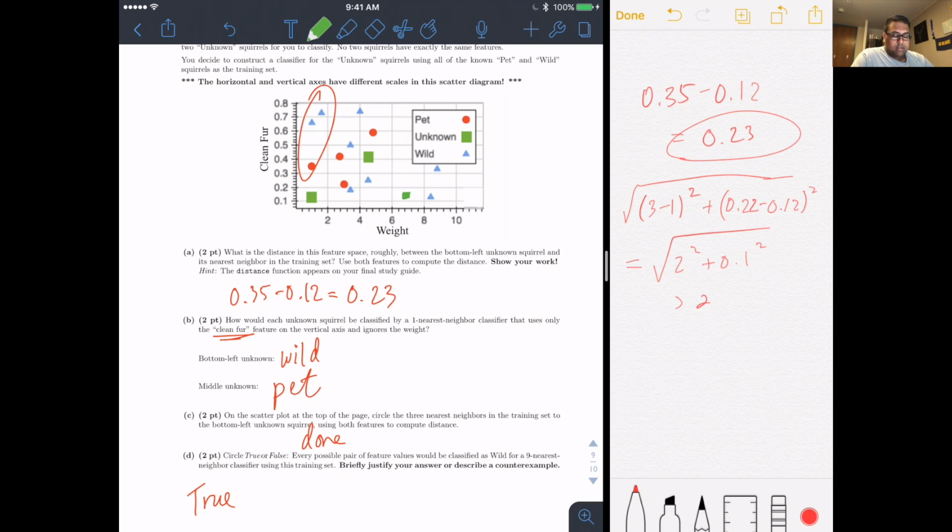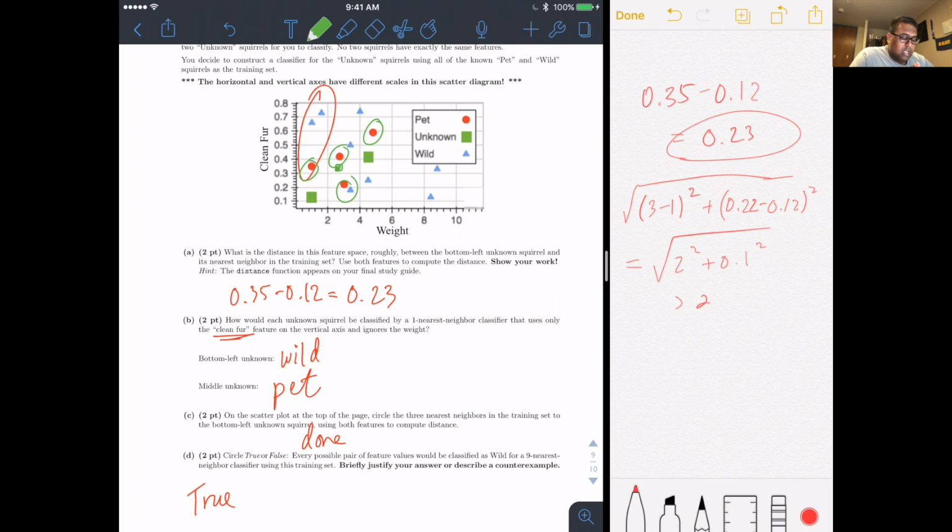Maybe none of them will be pets, maybe 1, maybe 2. But if you put it in such a way that its 4 closest neighbors are pets, the other 5 closest neighbors will all be wild, right? And then if you take the classification that has the most neighbors associated with it, it's just going to be wild.